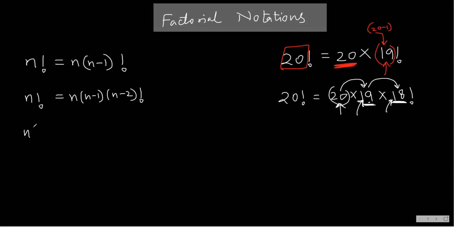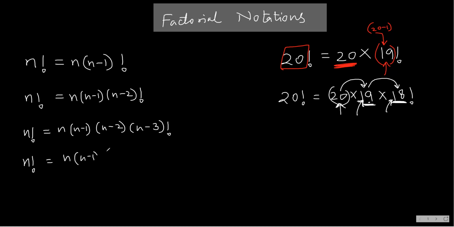On the same line, if you want to go ahead, you can write n into n minus 1 into n minus 2 into n minus 3 factorial. You can go like this, and you can continue till you want. Remember, students, that this you can continue till you want.